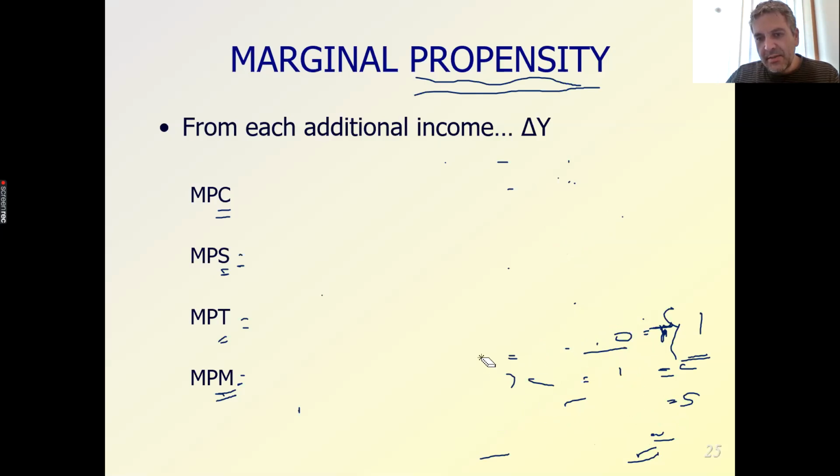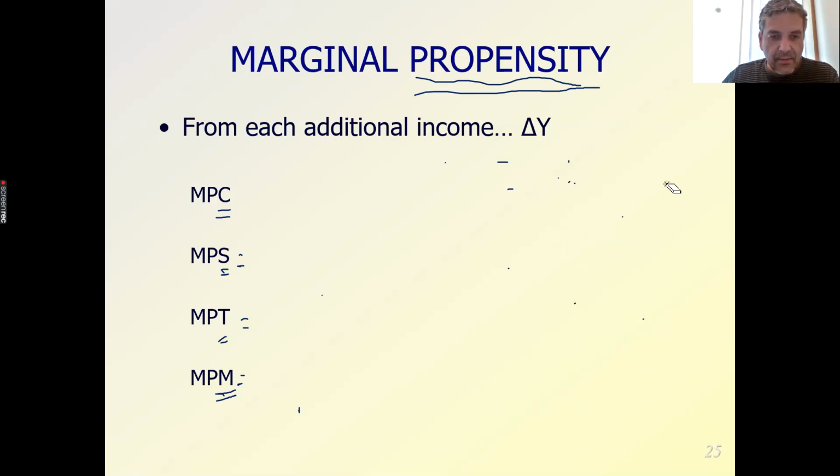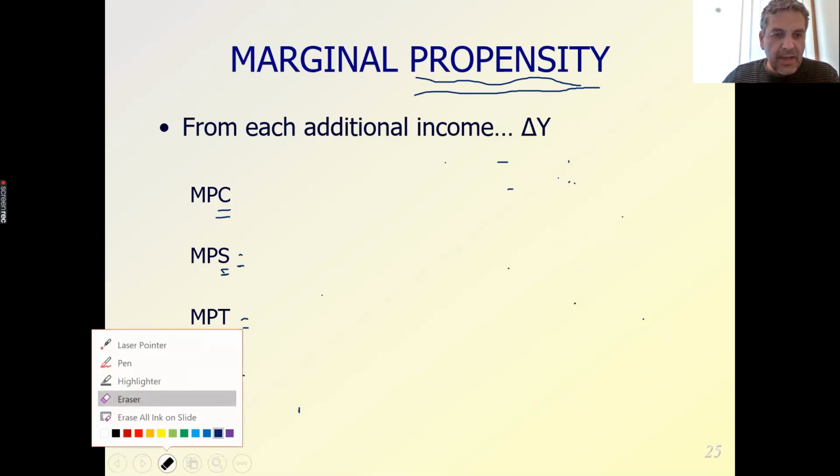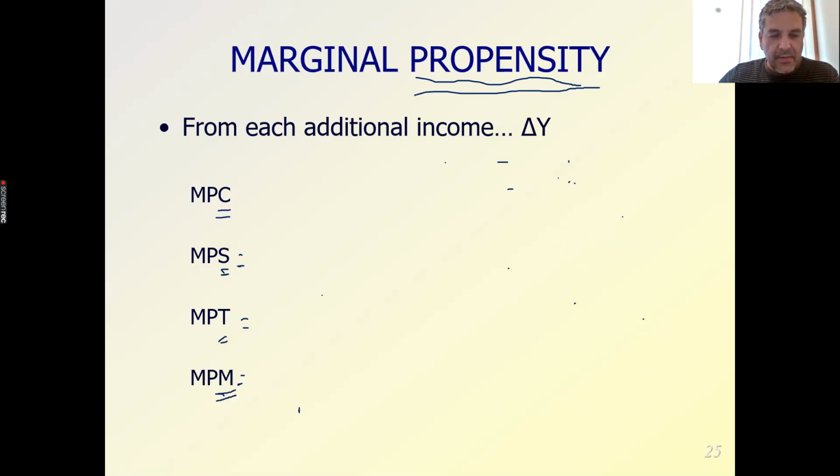Remember we mentioned leakages? Well, we are just talking about leakages here. The marginal propensity for the injection to leak or to be withdrawn, to be flowing away from the system.